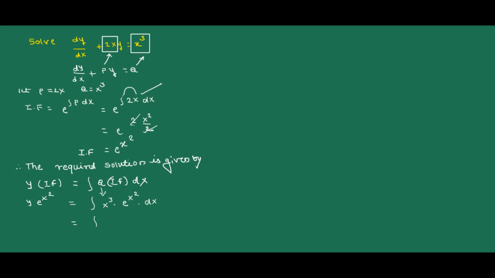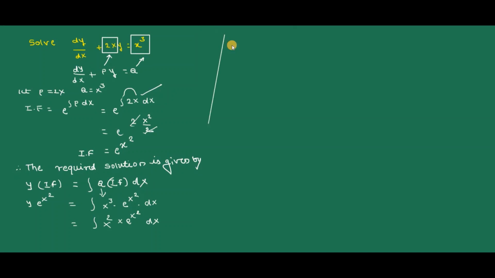To integrate this, I will make an adjustment. This x cube we can write as x square into x, into e raised to x square into dx. To integrate this we have to put x square is equal to t.